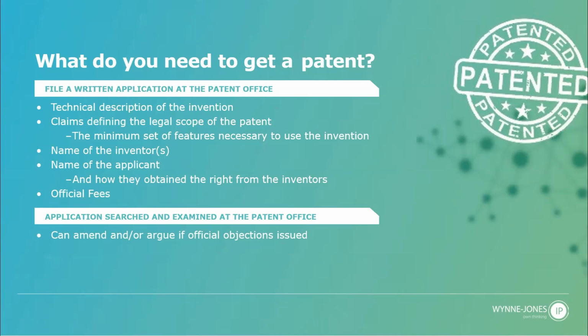So the application can be searched and examined at the Patent Office. In other words, they can conduct their own research and decide whether what has been presented meets the appropriate standards. And where patent offices do that, the applicant gets the right to amend and argue if they object in some way to any aspect of the invention.